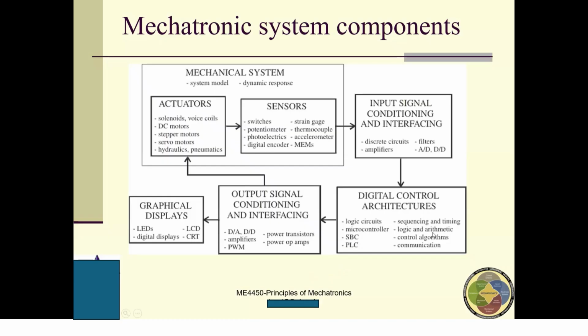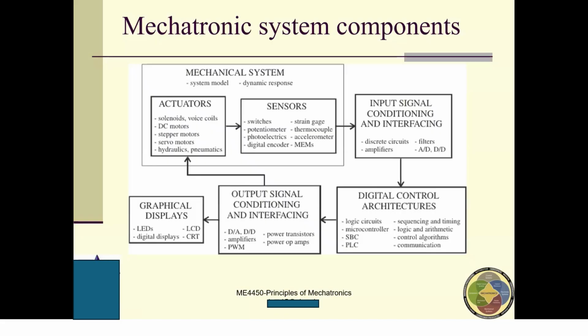So sequencing and timing, logic, arithmetic, control algorithms, and communication. You can see within this box, it is actually the functionalities of our brain. After the microcontroller processes something, you send out the signal. Again there is conditioning and interfacing, because it depends on what kind of actuators you are using.